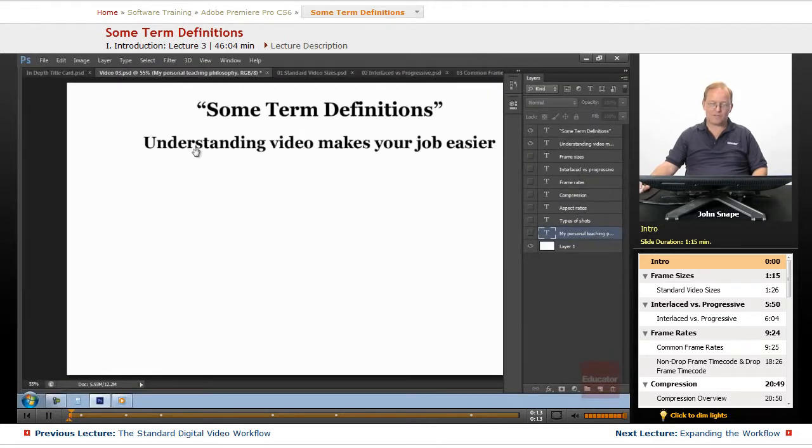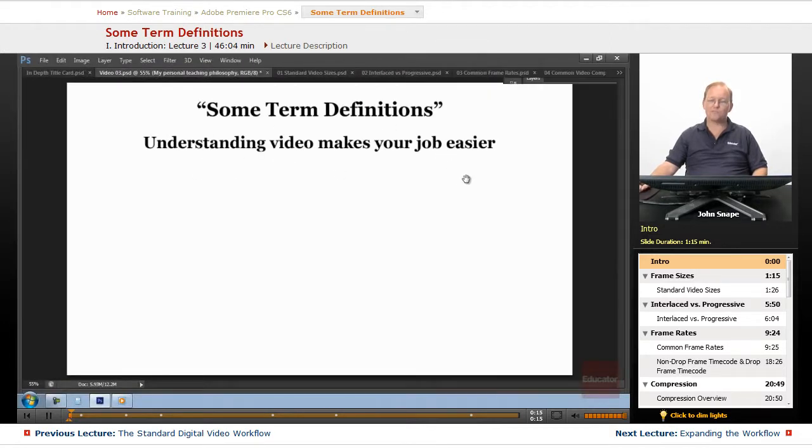Now let me tell you that understanding video does make your job easier. If you are on a job site and you know that you need to record 720p video, 24 frames a second, if you don't know what any of those terms mean, you're going to be lost.